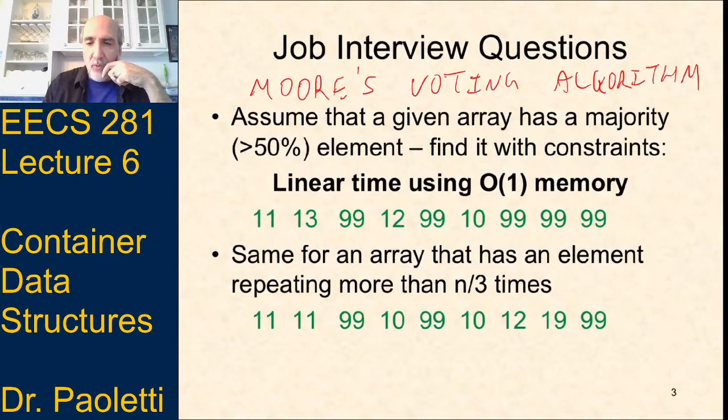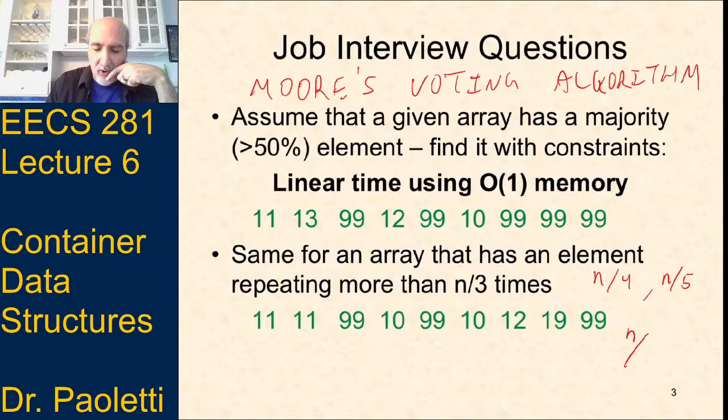Okay, so if I said it was n over 3, or what if I said it was n over 4, or n over 5, or what if I said it was n over k times? Well, we can't quite do this. We've got to lower the constraints a little bit.